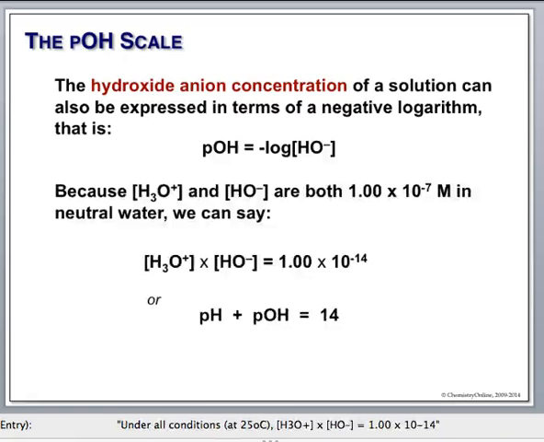In neutral solution, hydronium and hydroxide are both 10 to the minus 7 molar, aren't they? So the pH is going to be 7. The pOH is also going to be 7.